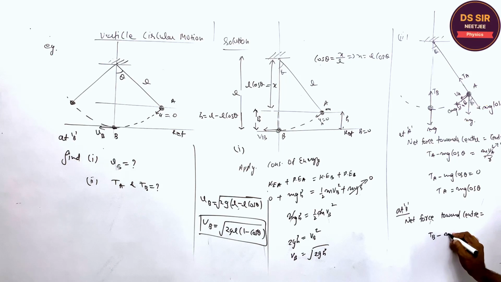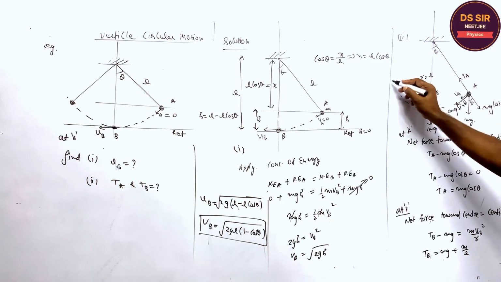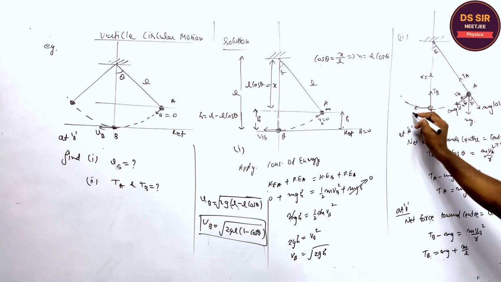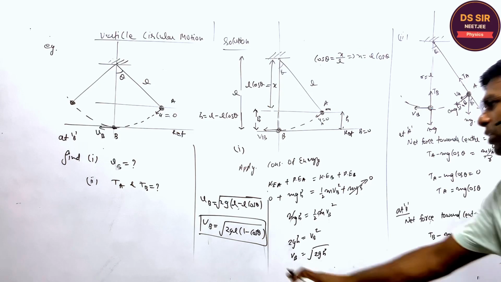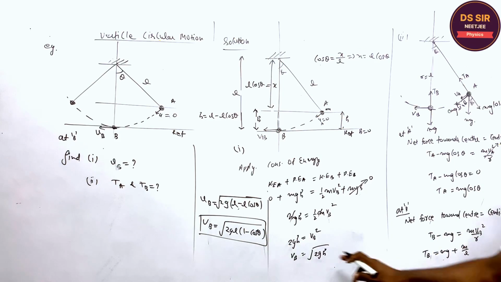Very good. TB minus mg will provide the required centripetal force. So it is equal to m vB square upon r. Is it okay or not? So TB minus mg, or you may write TB is equal to mg plus m vB square upon r. R means the radius of the circular track, and the velocity vB we have found, which is equal to what? It is the square.